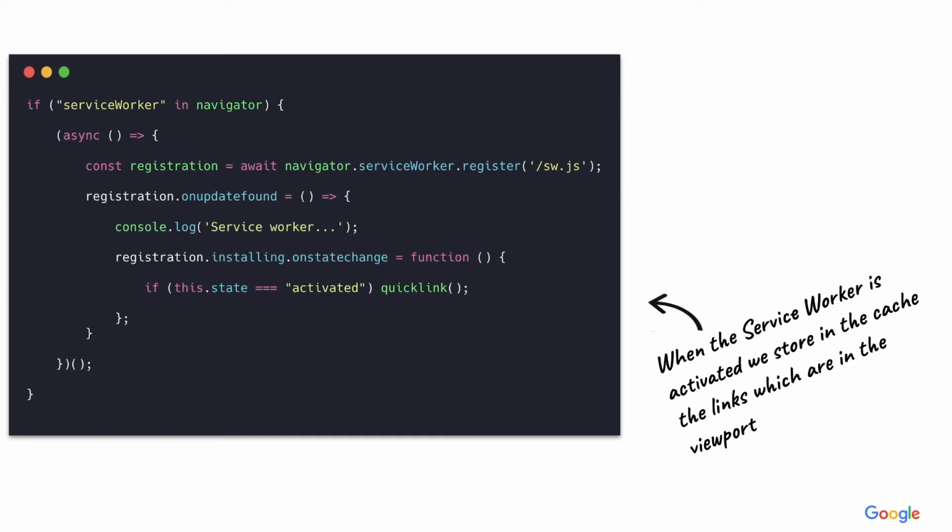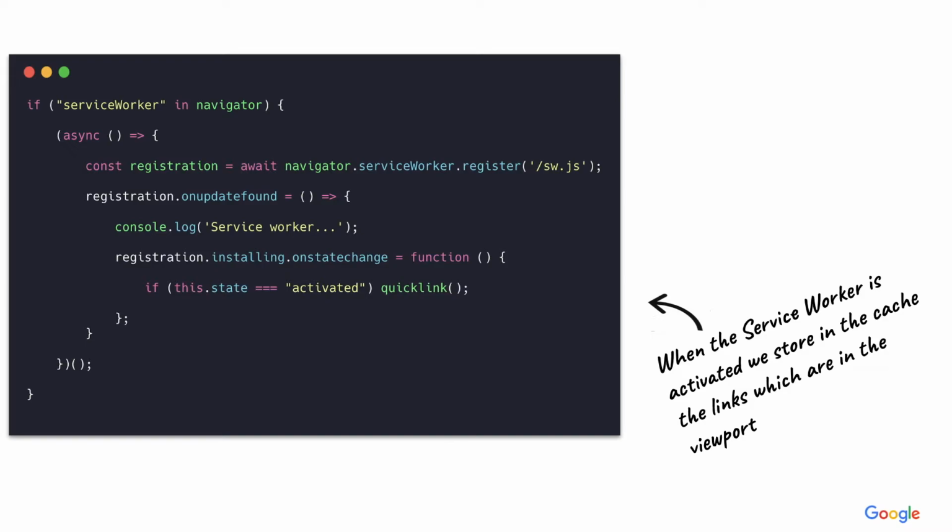Long story short, what this library will do is take the links that are visible in the viewport and preload them when your application is idle. And the interesting thing that you could do is to do that only when your service worker is registered. Then you run quicklink and you save those links in the Cache API.